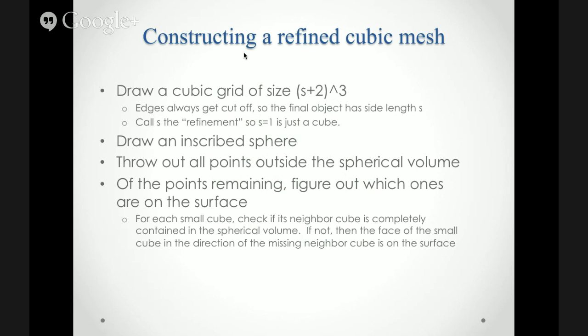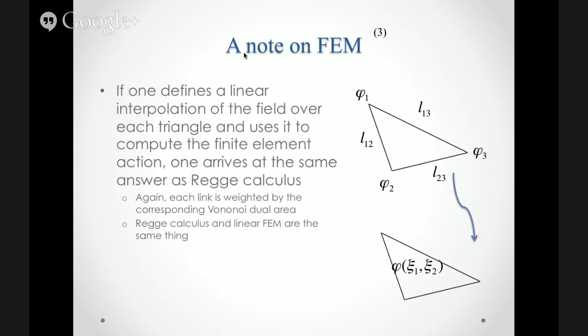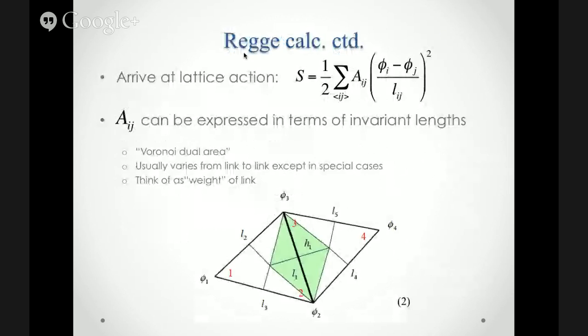There are two different motivations here. The equation that you just wrote down, I think you have to derive from finite elements. You don't know how to write down the Laplace equation approximation for this kinetic term unless you have some interpolating field. But Regge calculus does a different thing.